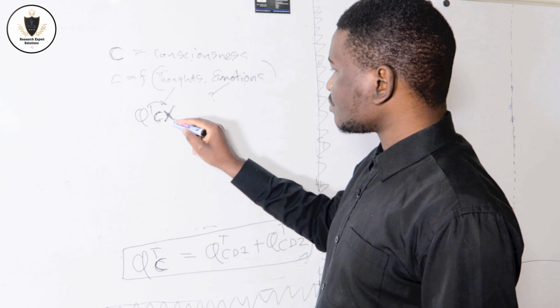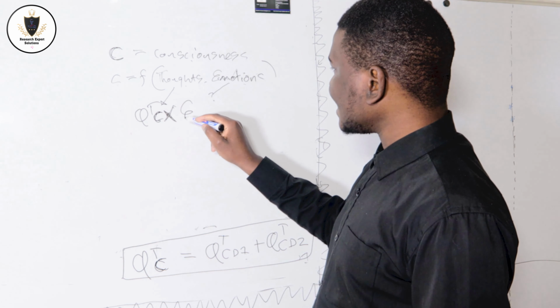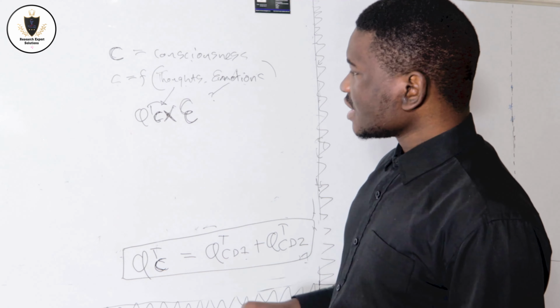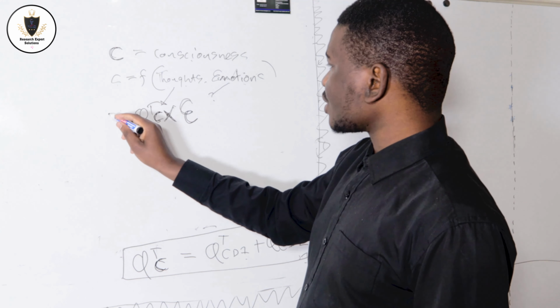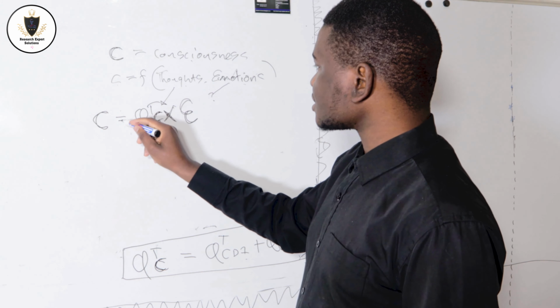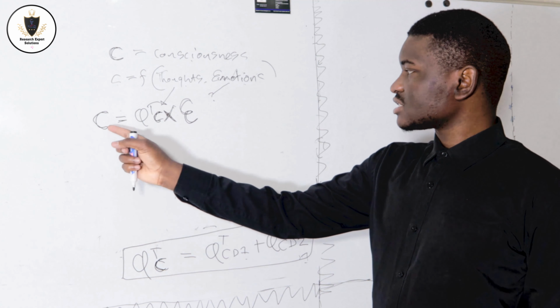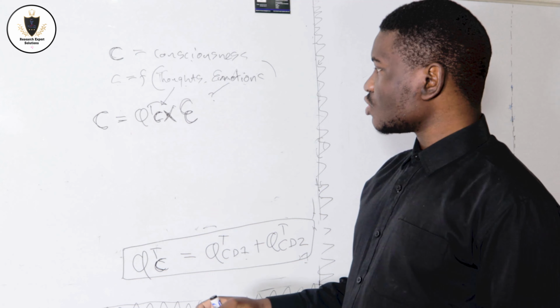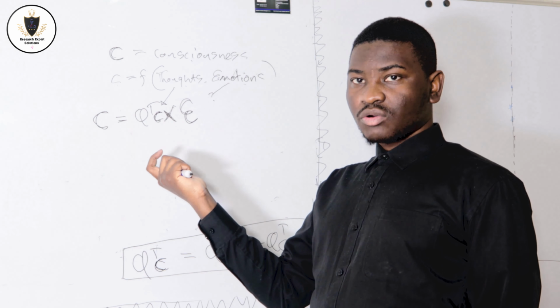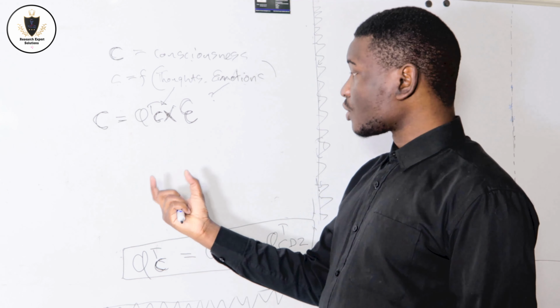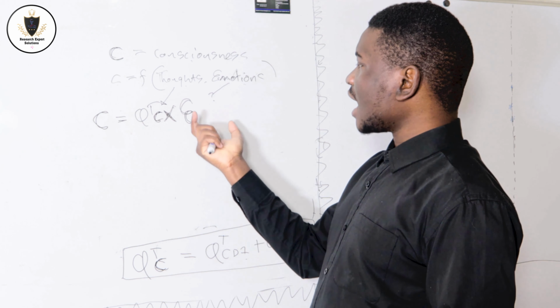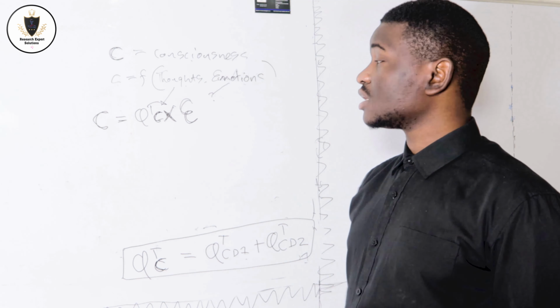Anyway, I can even put a multiplication times E. And if we want, we can put C here, which is consciousness. So what we are saying is that consciousness is equal to the composite thought, or rather, consciousness is a product of a composite thought and emotions.